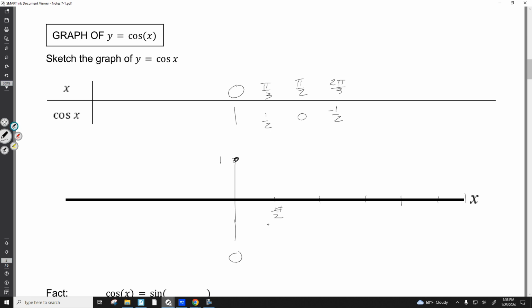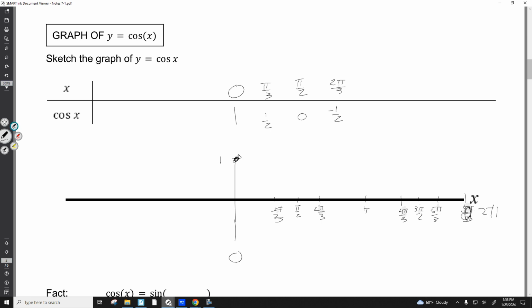In between pi over 3 and 2 pi over 3 is going to be a pi over 2. In between 4 pi over 3 and 5 pi over 3 is going to be, wait, this is 5 pi over 3. Is 3 pi over 2. This is 6 pi over 3 or 2 pi.